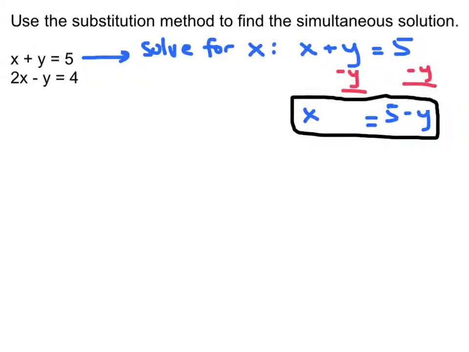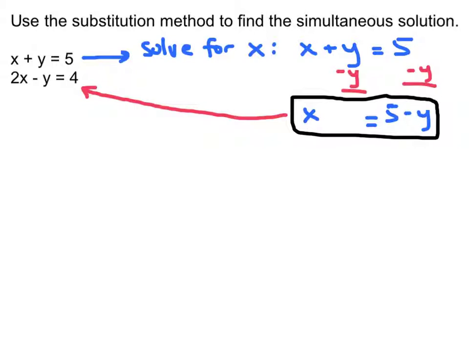At this stage, you will want to plug in the 5 minus y for x in the second equation. Now make sure you're plugging the first equation into the second equation and not back into itself. That will cause some problems with your solution.